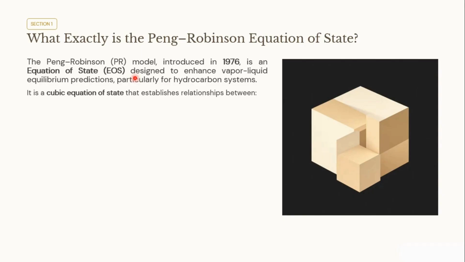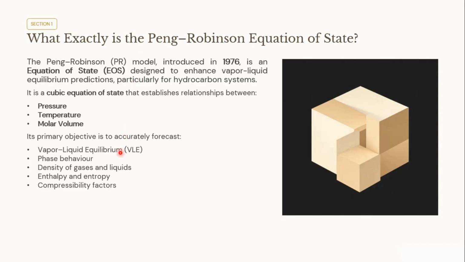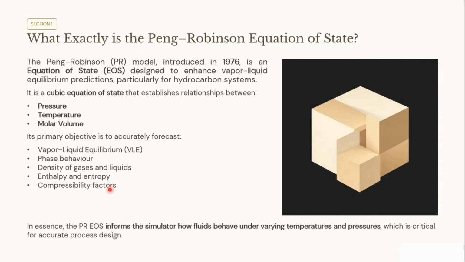It is a cubic equation of state that establishes the relationship between pressure, temperature, and molar volume, and its primary objective is to accurately forecast the vapor-liquid equilibrium, the phase behavior, density of gases and liquids, enthalpy and entropy, and compressibility factors. In essence, this property package informs the simulator how the fluids behave under varying temperatures and pressures, which is again a very critical aspect when we're designing a process. The Peng-Robinson equation of state is widely used, especially for hydrocarbon systems.